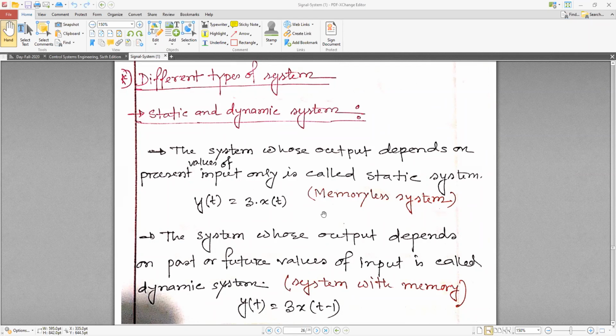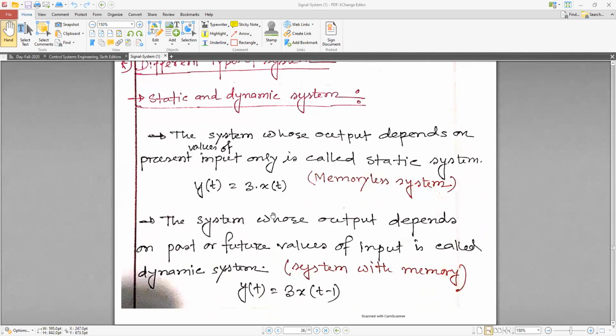Another one: the system whose output depends on past or future values of the input is called the dynamic system. It has a memory. See this: y of t is equal to 3 of x(t). Here, y of t is equal to 3x of t minus 1. That means it depends on the past. This output depends on the past of the input, not the present.